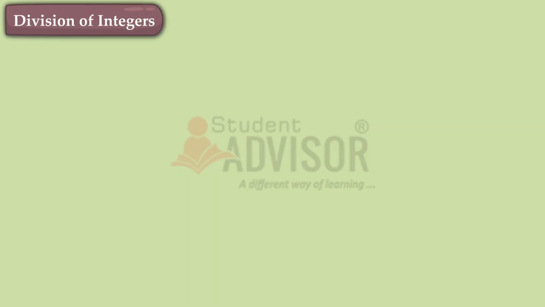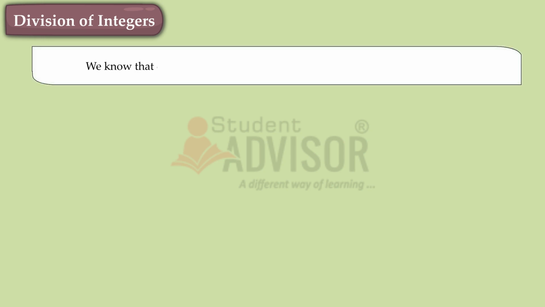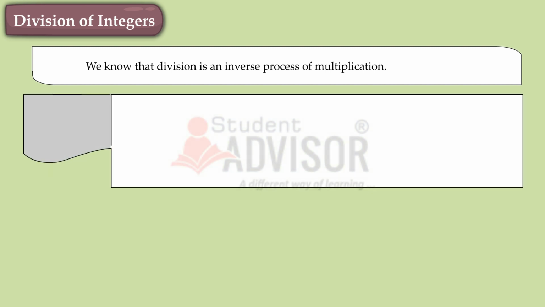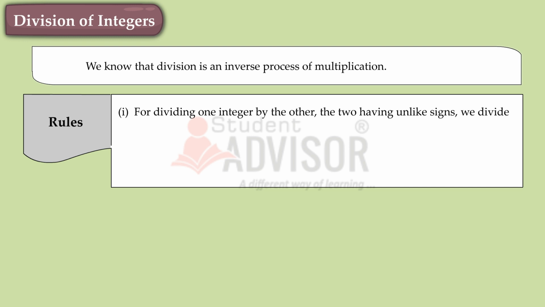Division of integers. We know that division is an inverse process of multiplication. Rules. For dividing one integer by the other, the two having unlike signs, we divide their values regardless of their signs and give a minus sign to the quotient.